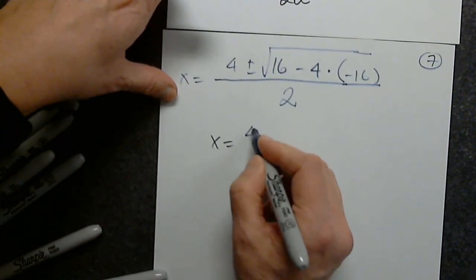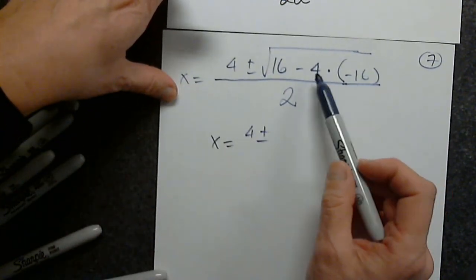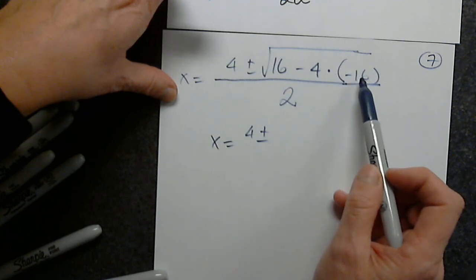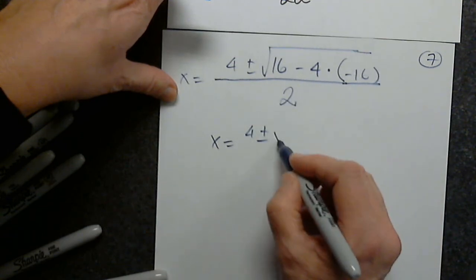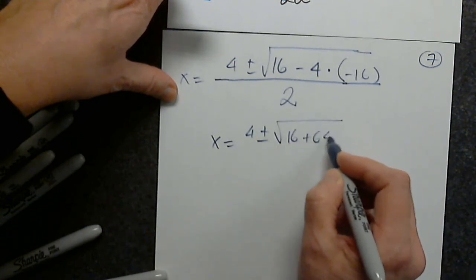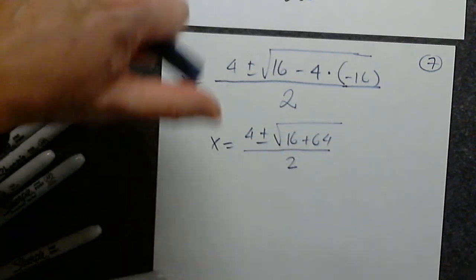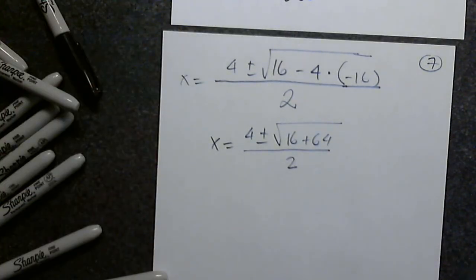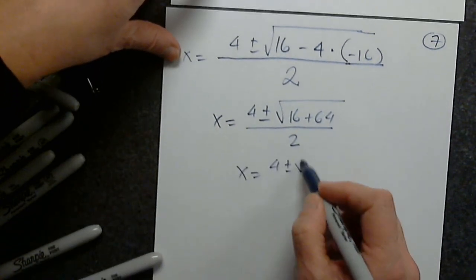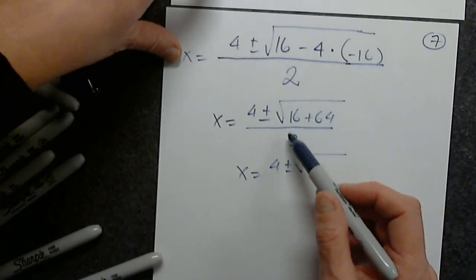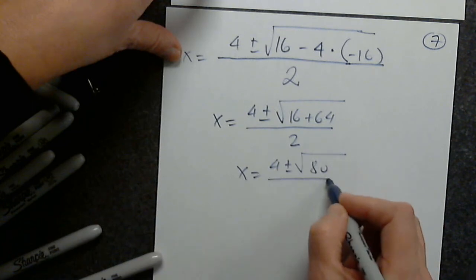So this will be x equals 4 plus or minus the square root of 16 plus 64, divided by 2. And that happens to be 4 plus or minus the square root of 80, divided by 2.